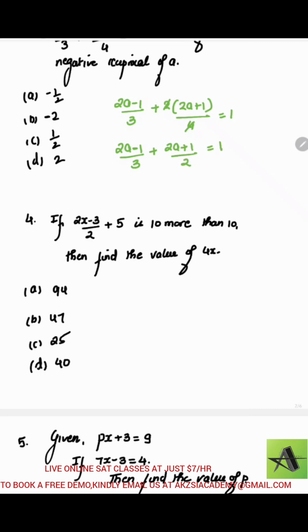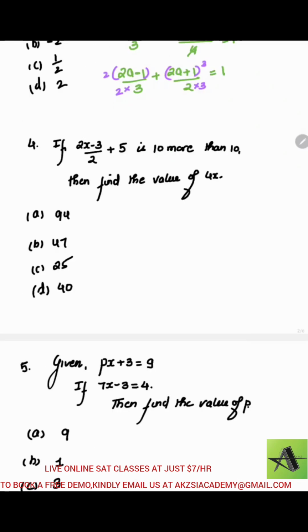Now we have to take the LCM, and the LCM of 3 and 2 is 6. So 2 times 2a is 4a, and 2 times minus 1 is minus 2 over 6, plus 3 times 2a is 6a, plus 1 times 3 is 3 over 6 equals 1.